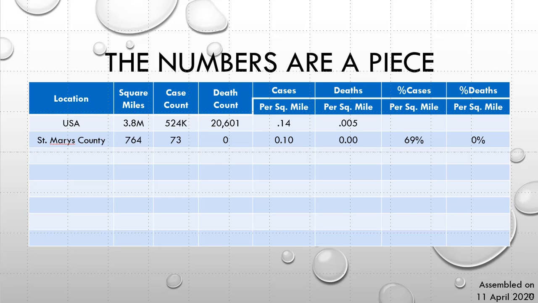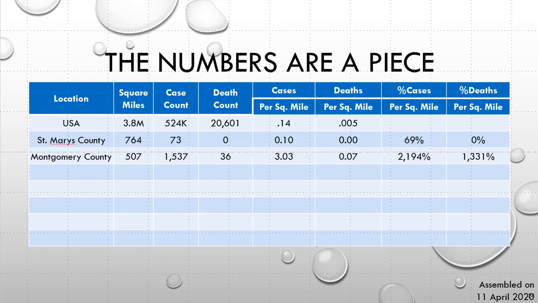Now in the neighborhood, they talk about hotspots in Maryland. One of those hotspots is Montgomery County. Montgomery County at 507 square miles, you can see with the number of cases they've had and the number of deaths they've had, that those numbers are significantly higher than the U.S. average.